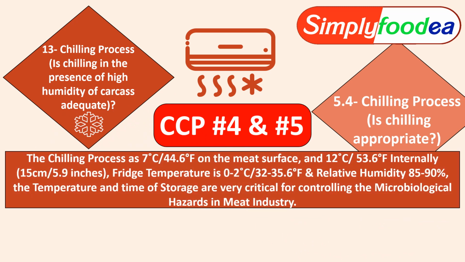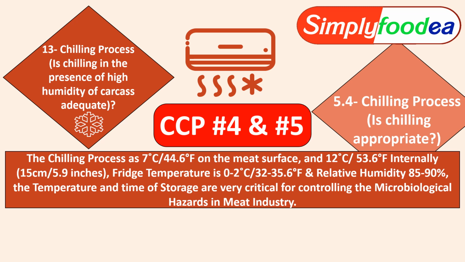The chilling process at 7 Celsius or 44.6 Fahrenheit on the meat surface, or 12 Celsius or 53.6 Fahrenheit internally, which means inside the meat itself, at a depth of 15 centimeters or 5.9 inches, and the fridge temperature is from about 0 to 2 Celsius, which is 32 to 35.6 Fahrenheit, and the relative humidity 85 to 90%. The temperature and time of storage are very critical for controlling the microbiological hazards in the sheep meat industry.